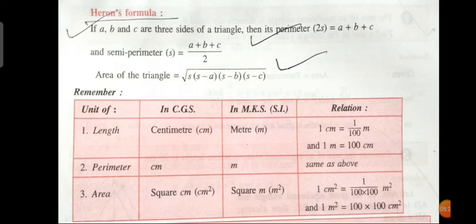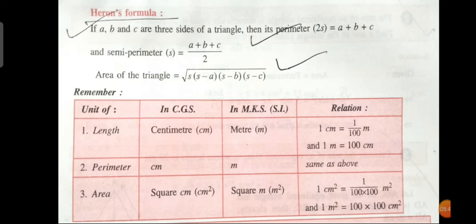So by Heron's formula, the perimeter of a triangle is 2s, where 2s equals a plus b plus c, and the area of a triangle is the root of s into s minus a into s minus b into s minus c. What is s? s is a plus b plus c by 2.